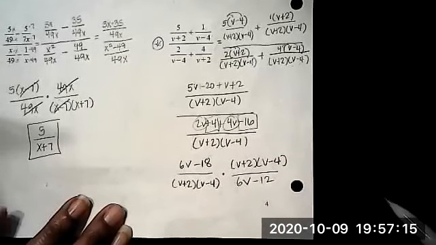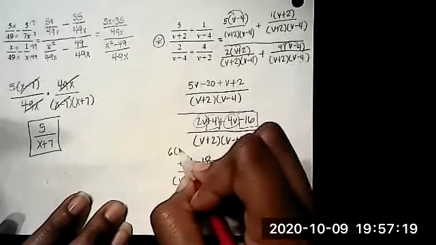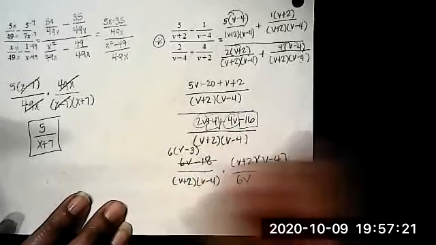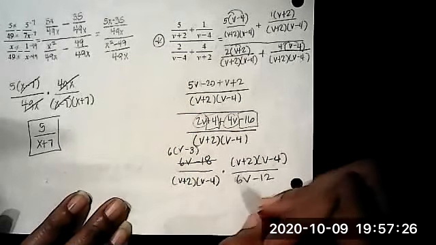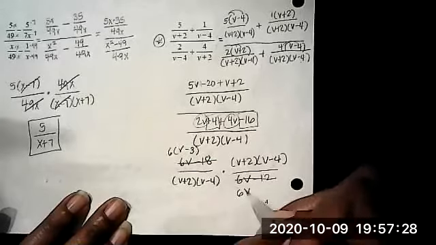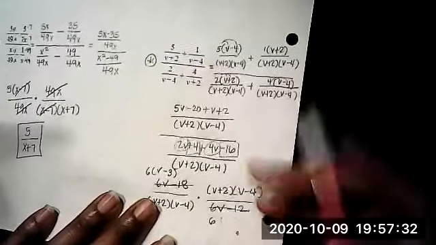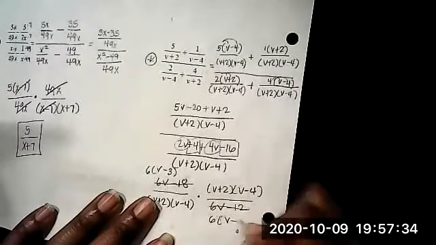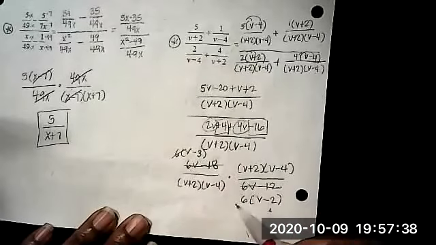The greatest common factor there is 6, so this will be B minus 3, it looks like. And here the greatest common factor is 6, but it becomes B minus 2.